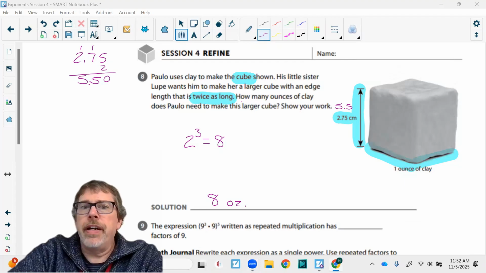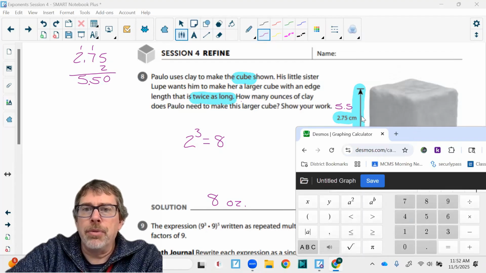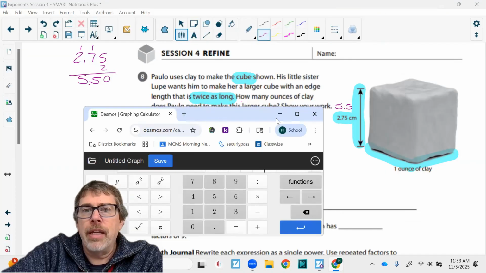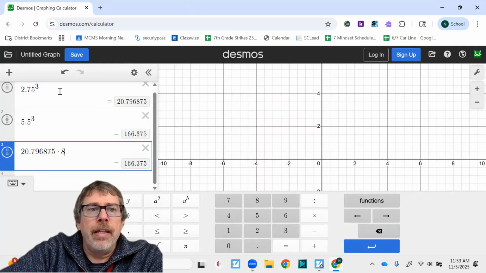Okay, so to verify this, remember our values. We went from 2.75 to 5.5 by doubling each side. So I double checked this. If I took 2.75, the length of the sides cubed, that'd be 20.796875 cubic centimeters. And then if I double the length, then I get 166.375 cubic centimeters.